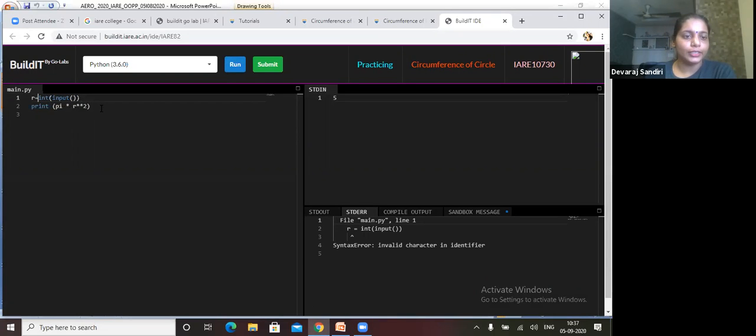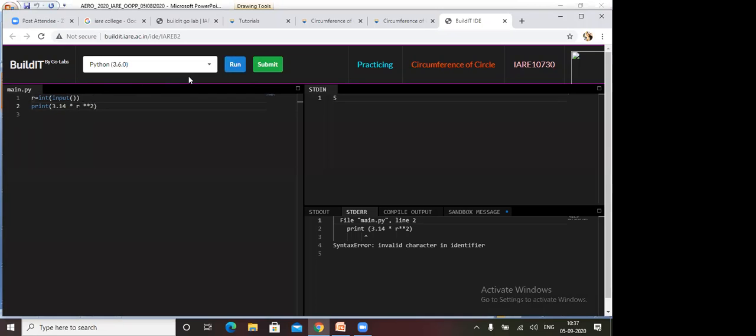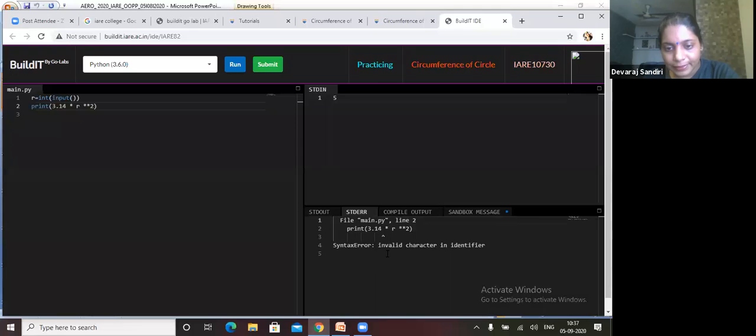R is equal to int of input pi. If in place of pi, I write here 3.14, line 2 print, what happened? It should come actually. In bracket we will keep, 1 minute. Before R maybe.